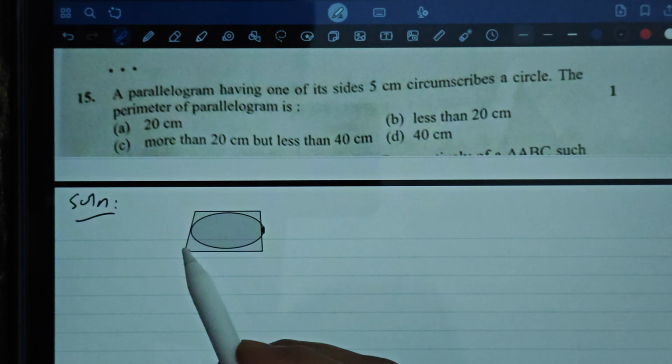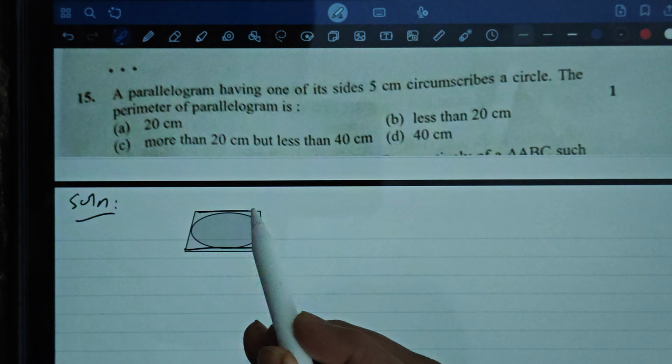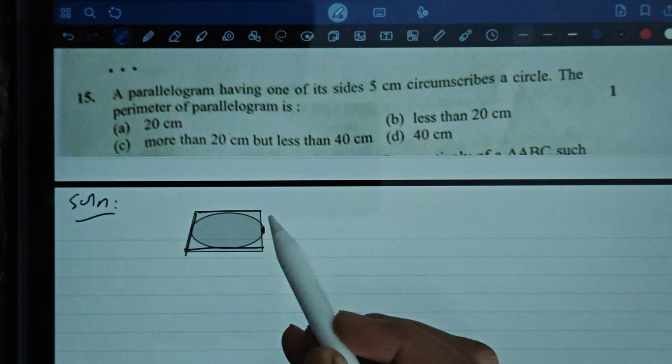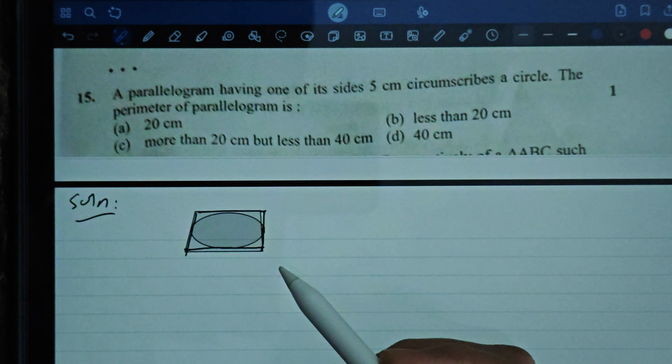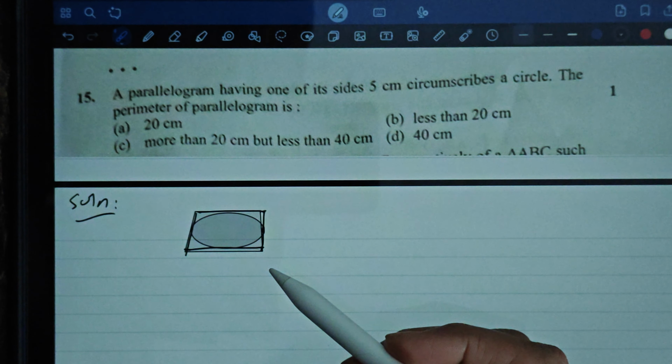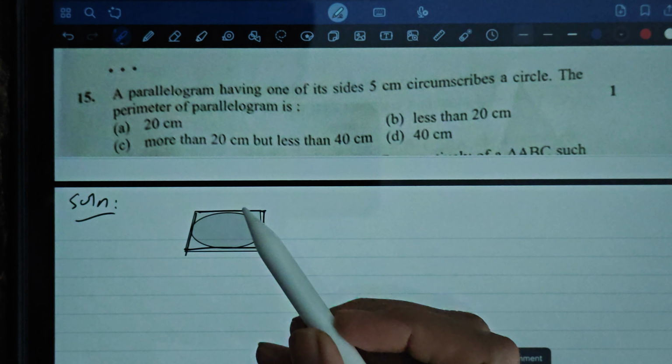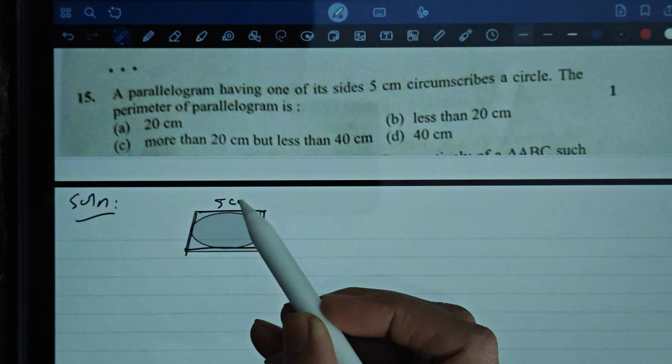Now suppose this is a parallelogram, okay, and it is circumscribing a circle, okay, in this way. So you have to find out the perimeter of this parallelogram, and one of its side is 5 centimeter.